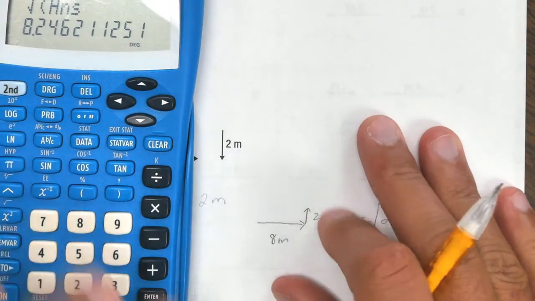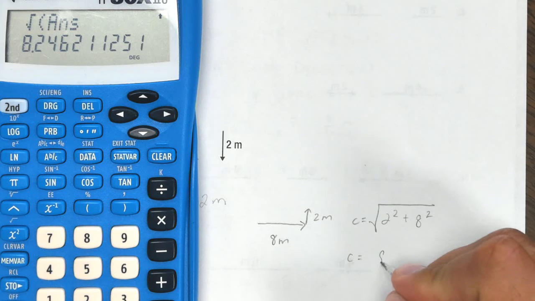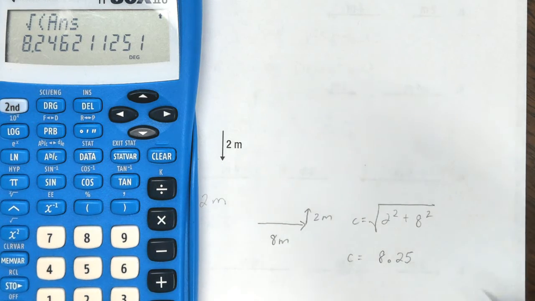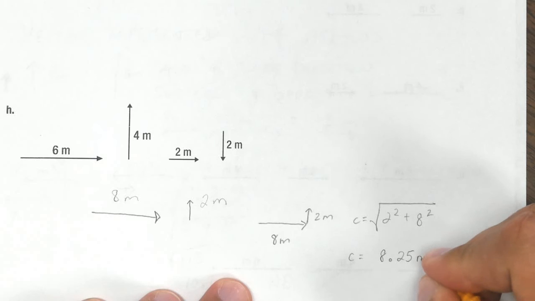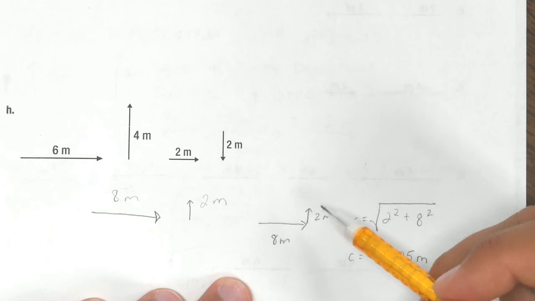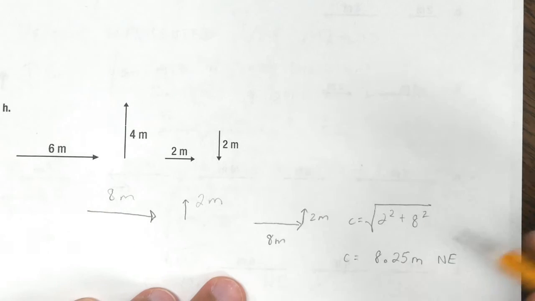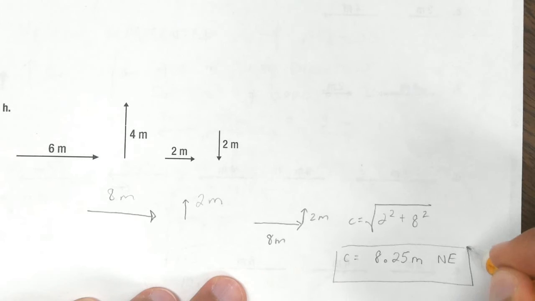So you could write it as 8.246 or 8.25. You can't leave the answer like that because it needs a unit. The unit happens to be still meters. And the direction, well, we went east and north again, so northeast. Okay, once you get it, box your answer.